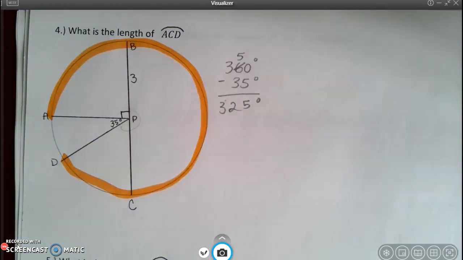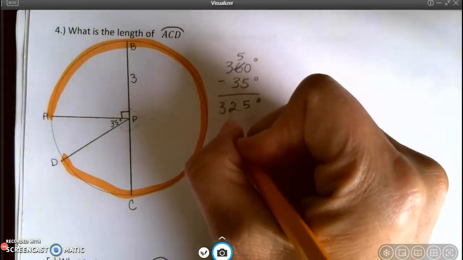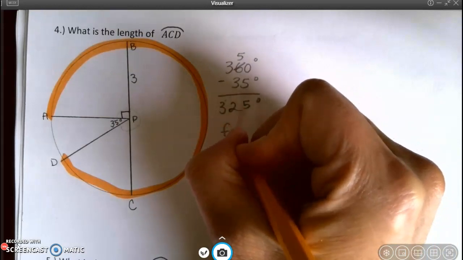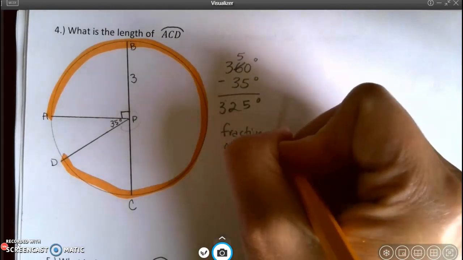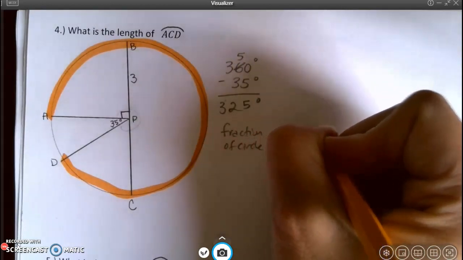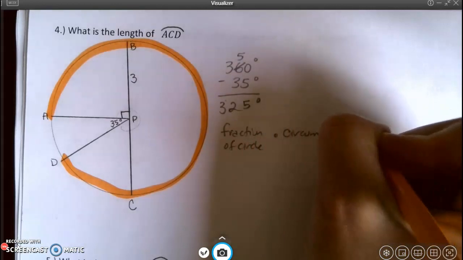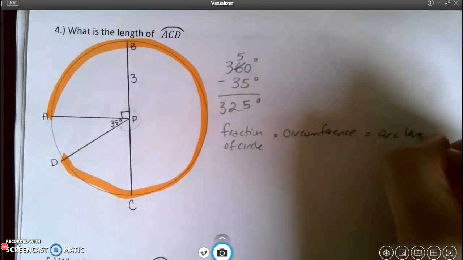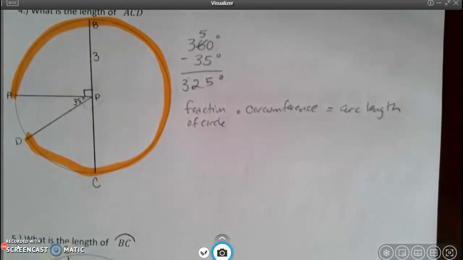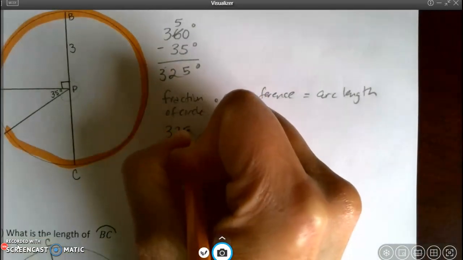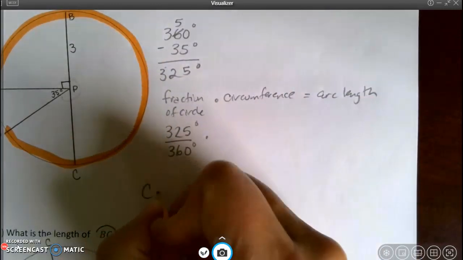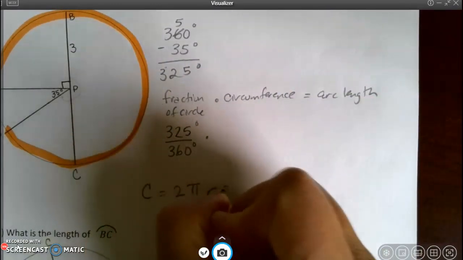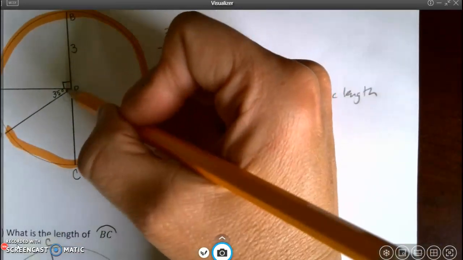Which is 325 degrees. So again, to find my arc length, I want the fraction of the circle times circumference equals arc length. My fraction is 325 out of 360 degrees. My circumference is 2 pi r, and my radius is 3.